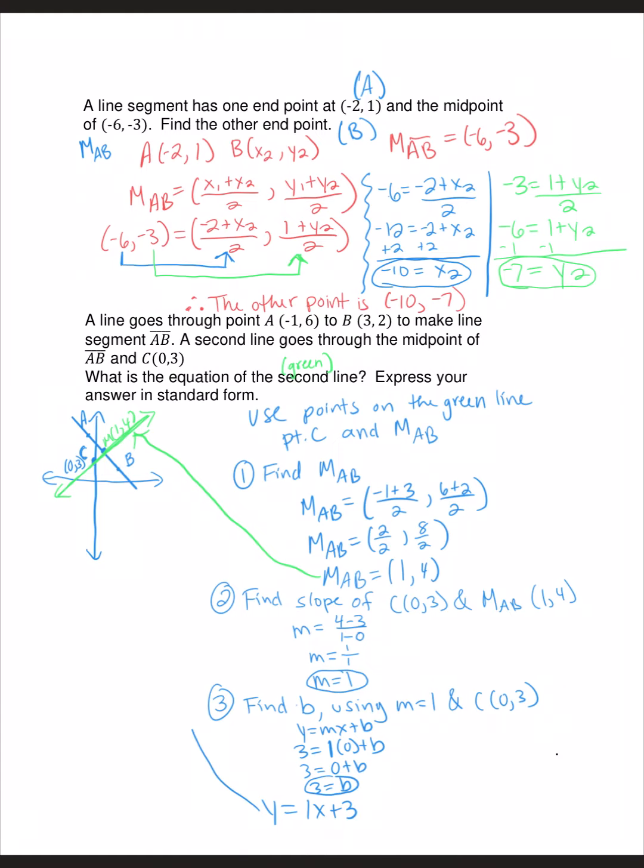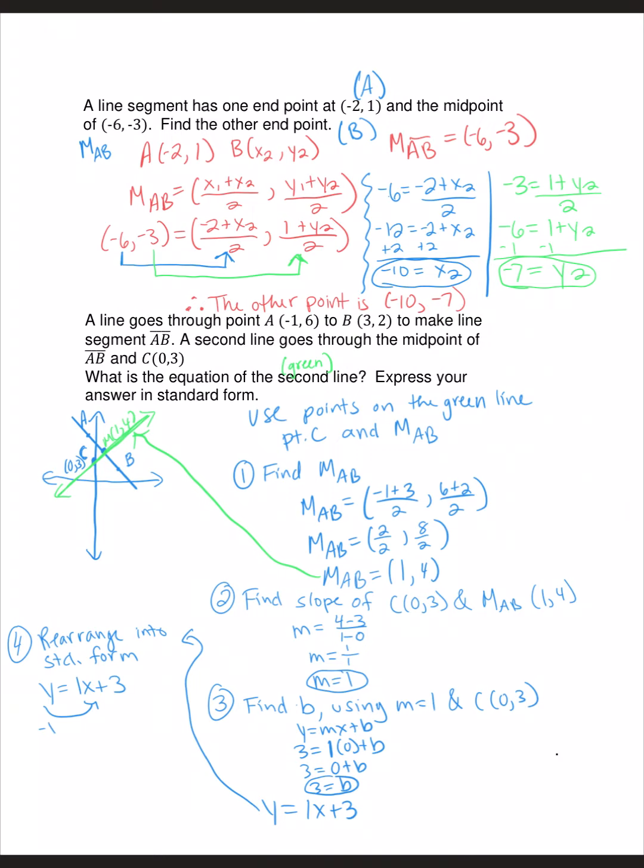Now I'm just going to go up here for our last step, because the problem is asking us to rearrange into standard form. So that's our last step. Let's rearrange into standard form. So we have y equals 1x plus 3. I'm simply going to move my y over here so that it keeps my x term positive.